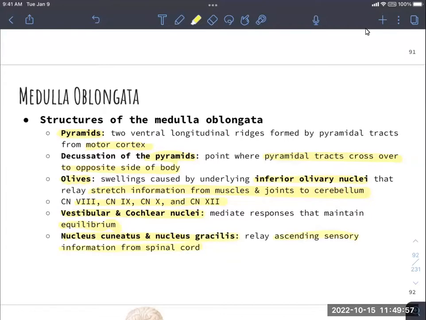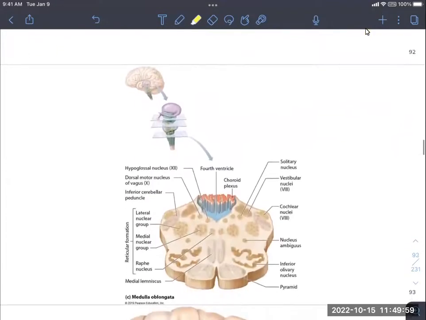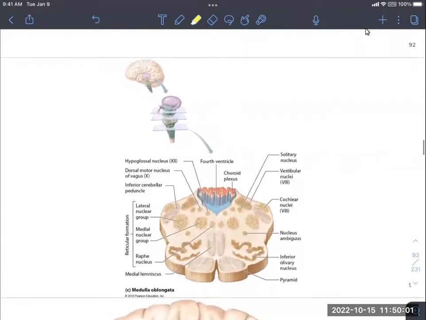So your medulla does a lot of stuff. Here is that medulla oblongata. We still have part of that fourth ventricle. Here's the choroid plexus that's going to make our cerebrospinal fluid specifically. We have several different nuclei. We have our pyramidal tracts.